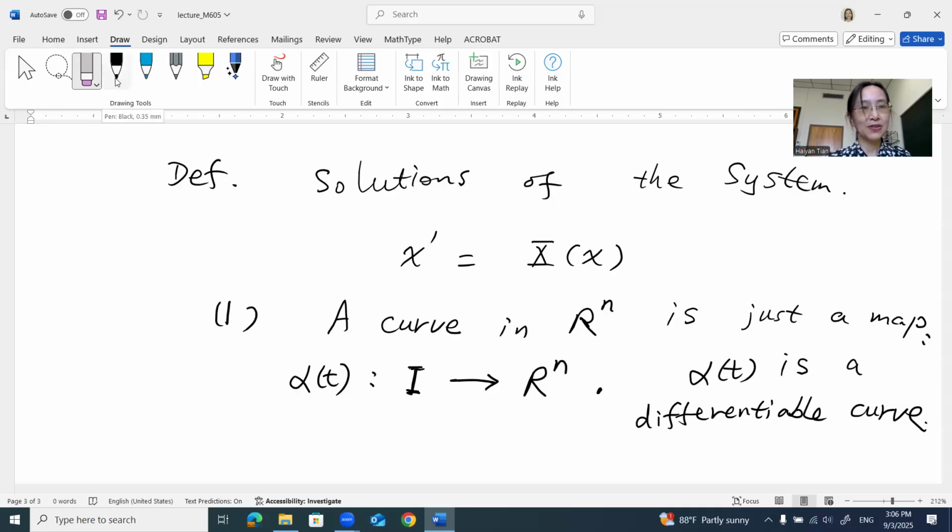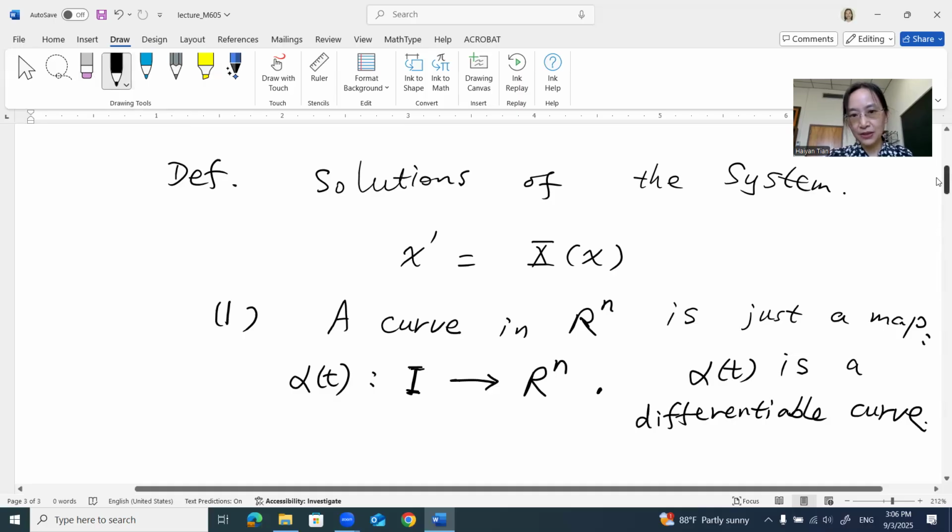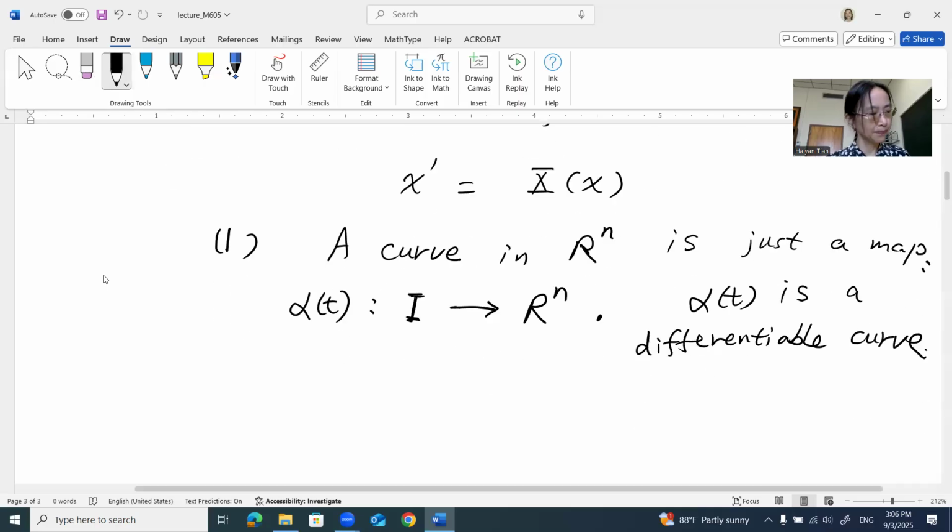That means alpha's derivative is equal to the vector field at alpha.